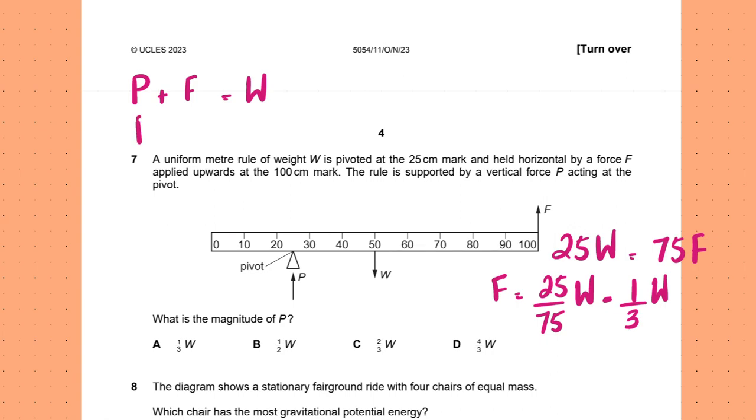So P, if I look at this here, is going to be W minus F, which is W minus W by 3. So 1 minus 1 by 3, which is 2 by 3 W. So the answer is going to be C.